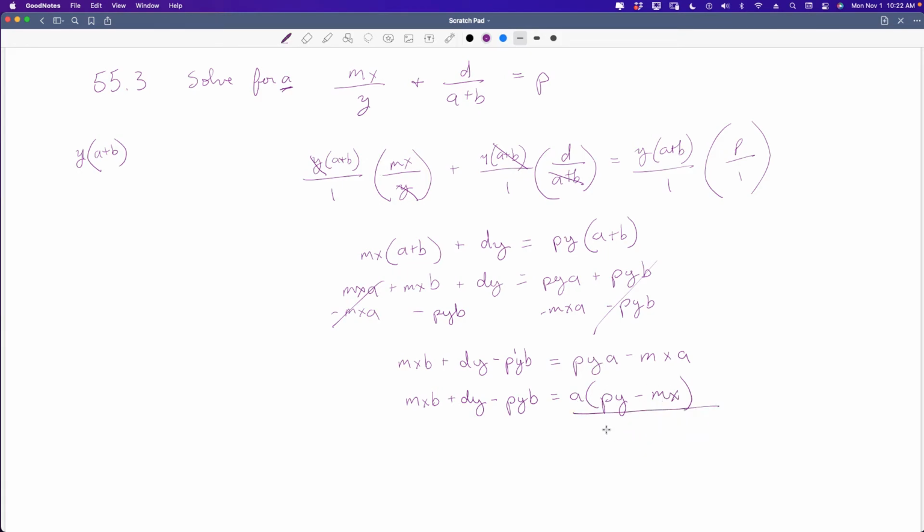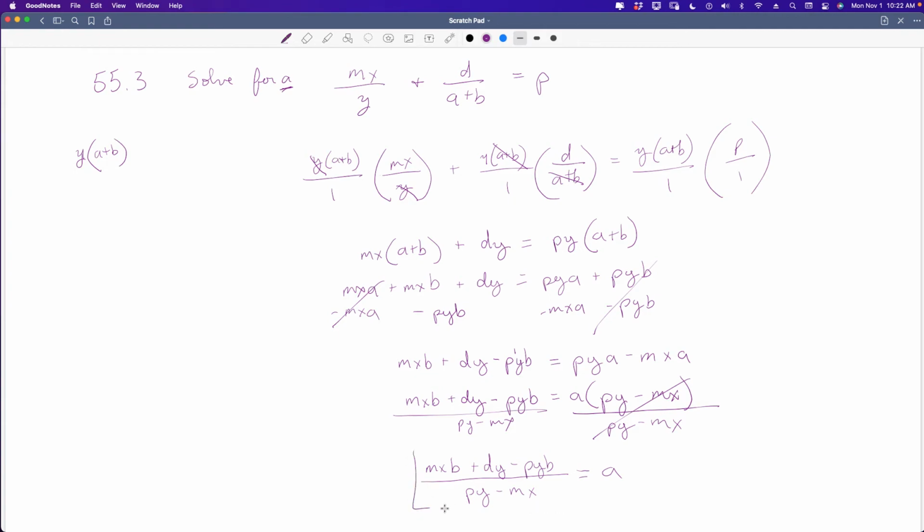Now we can divide both sides by this factor, py minus mx, which makes that cancel. So now we know that this is equal to a. So we rewrite that really nice and neat, mxb plus dy minus pyb all over py minus mx equals a.